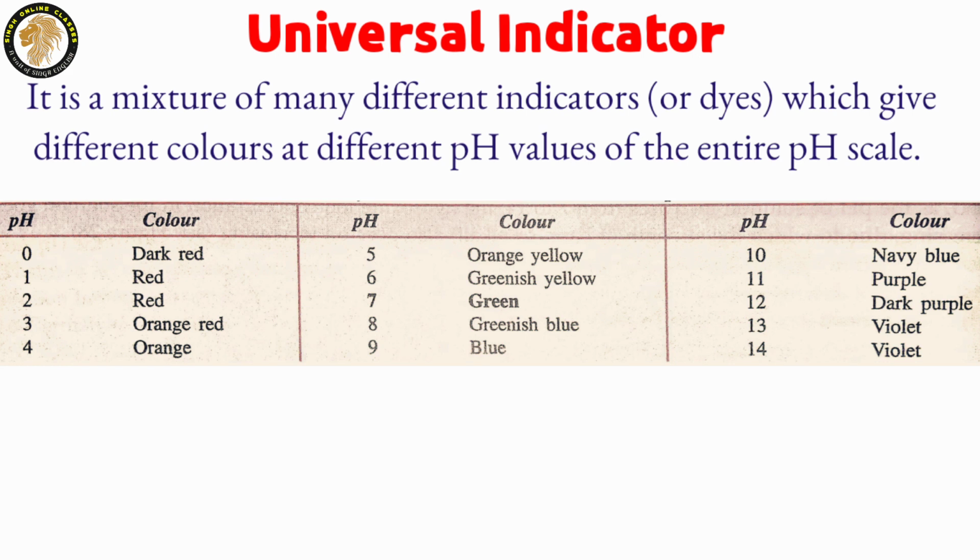Since the pH of a solution depends on the hydrogen ion concentration, when an acid or a base solution is added to the universal indicator, the indicator produces a new color. Then we match the color with the colors on the pH color chart, and we can easily understand the pH value of the particular solution. You can see this chart. It gives the different colors at different pH values.